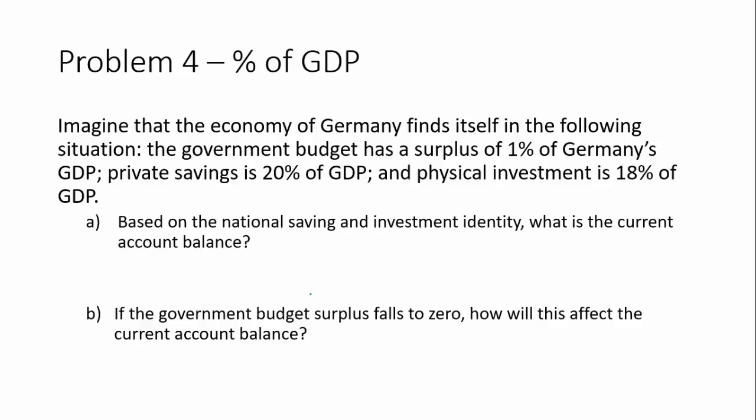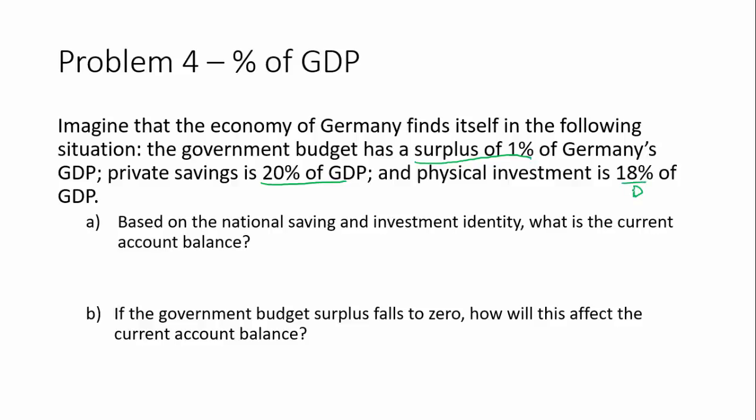Private savings is 20% of GDP, and physical investment is 18% of GDP. Since it's a surplus in the budget, that's actually going to be a supply of financial capital. Private savings is also a supply. Physical investment is going to be our demand component.